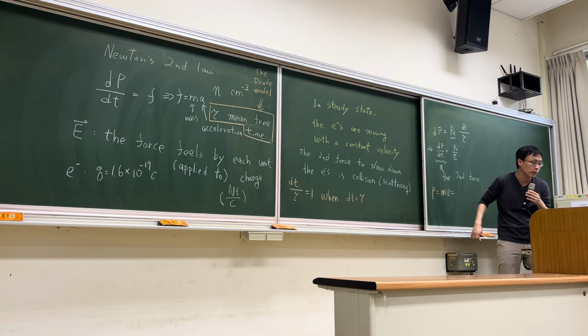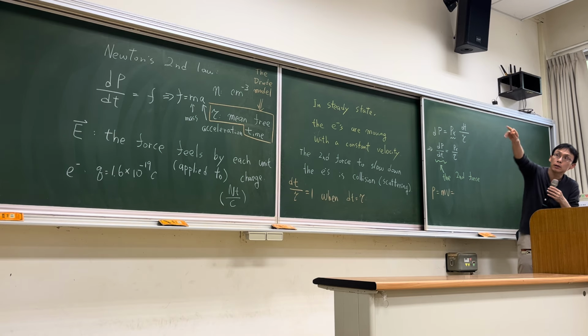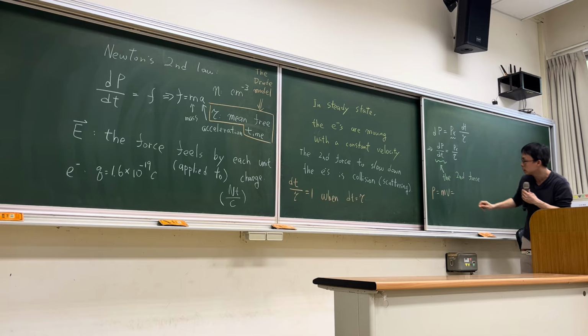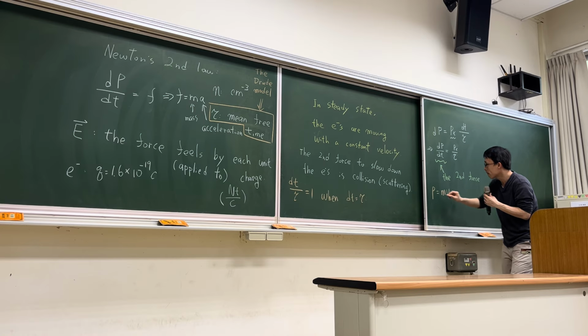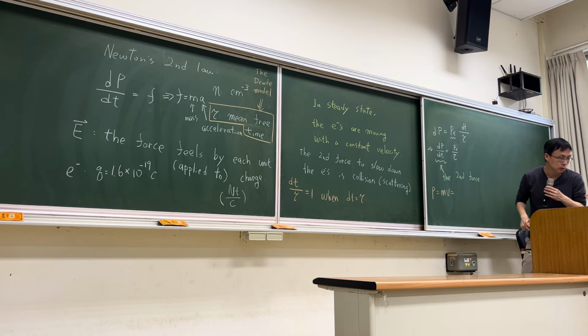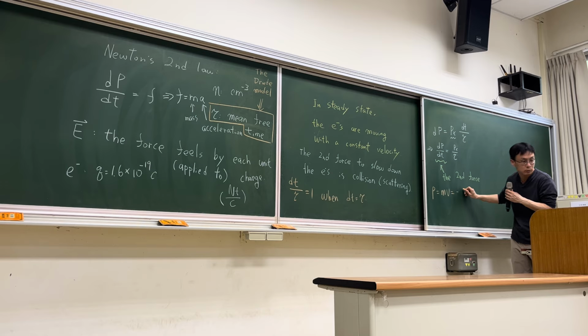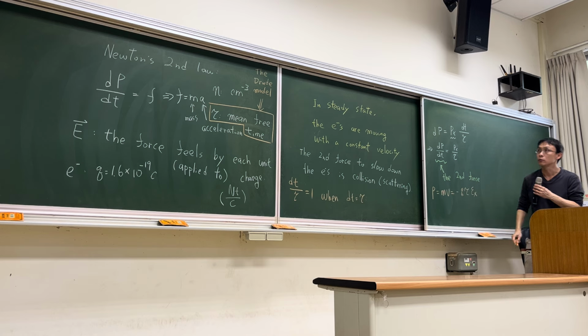So after the arrangement, you can see the momentum equals minus Q tau. So this is what you see on the slides, right?